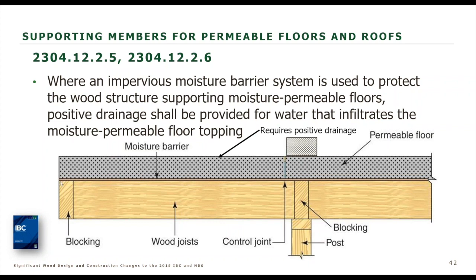That makes sense. We want to drain away from this area so that it doesn't drain into the interior of the building. But also, what's not noted here is that in this area where the wood is, we want to have ventilation provided. So in the event that some water infiltrates, there's ventilation in this area that allows the wood to dry out.